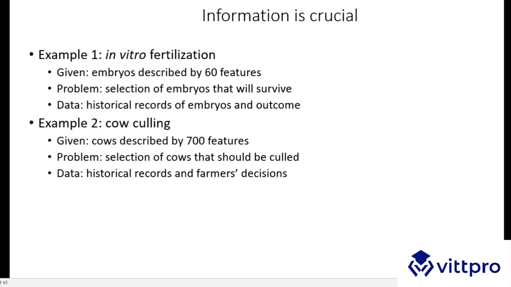So again, it's a classic example of how data mining will help. They will look at the previous records and the farmers' decisions based on their experience. Farmers may have made some wrong decisions and some right decisions, and based on their experience they also learn.